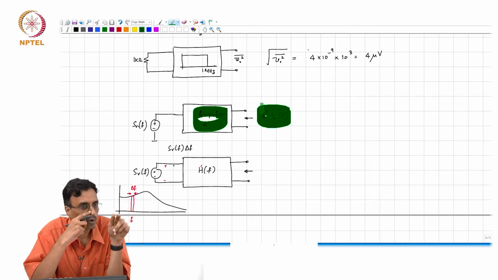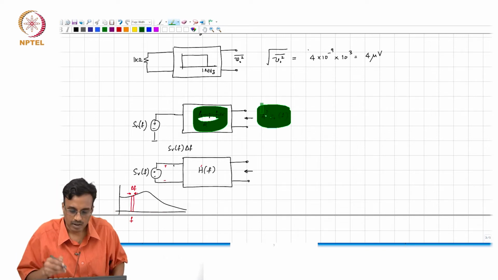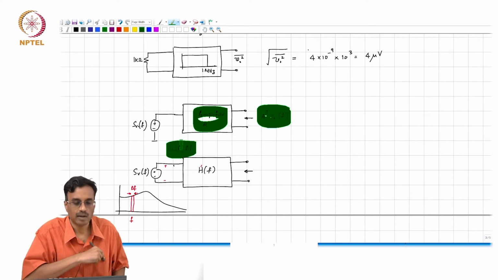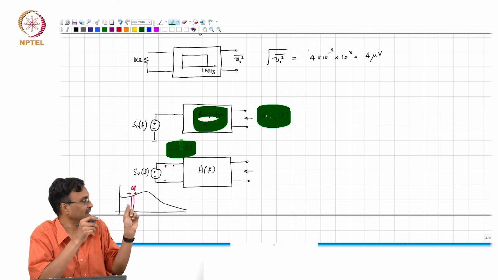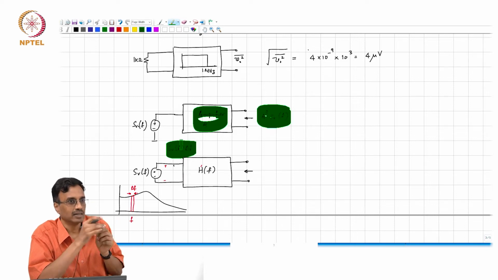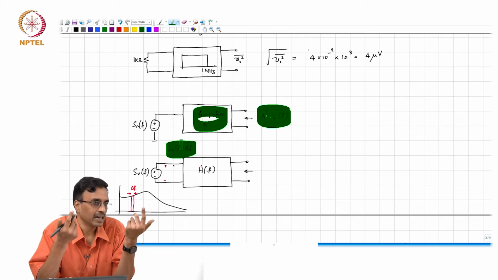Now, what do we need to do? Well, the gain is changing with frequency. This consists of components at a frequency f, in a narrow bandwidth delta f. The gain corresponding to that frequency is H of f.